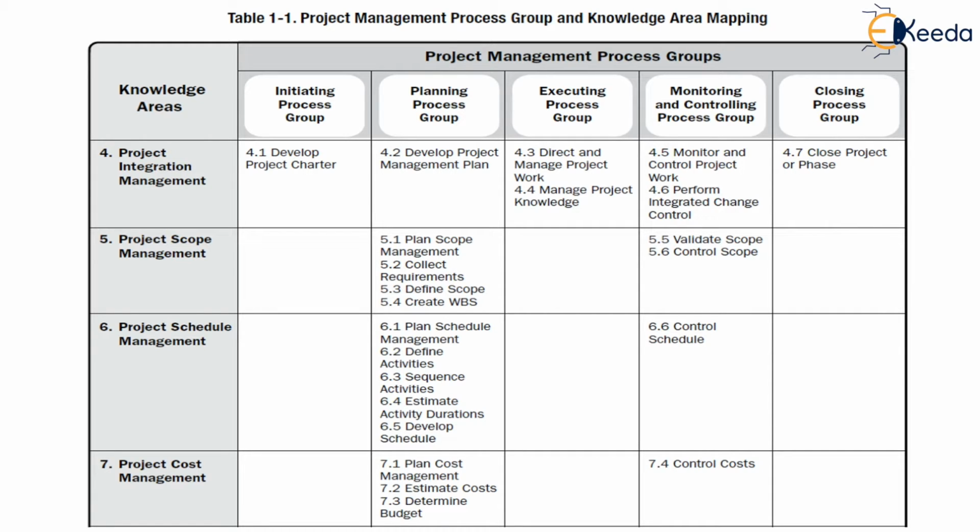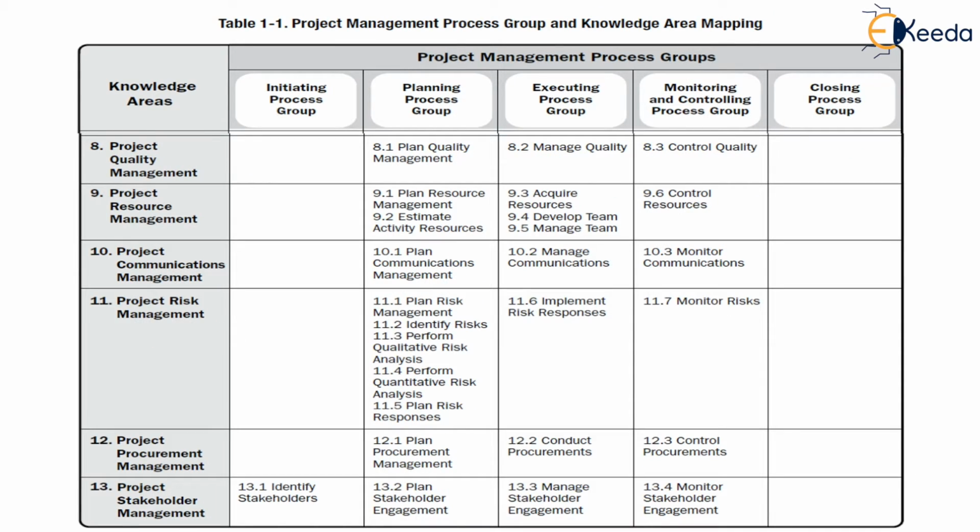For example, the initiating process group has the 4.1 develop project charter process, which forms part of project integration management, while identifying stakeholders in the initiating process group will be a part of the project stakeholder management knowledge area.